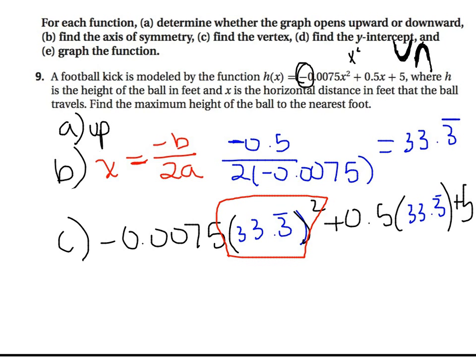So then this becomes negative 8.3333333 continued plus 16.6666666 continued on forever. And then we still have that plus 5.